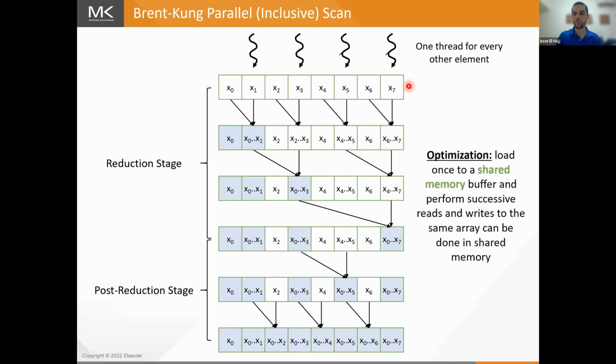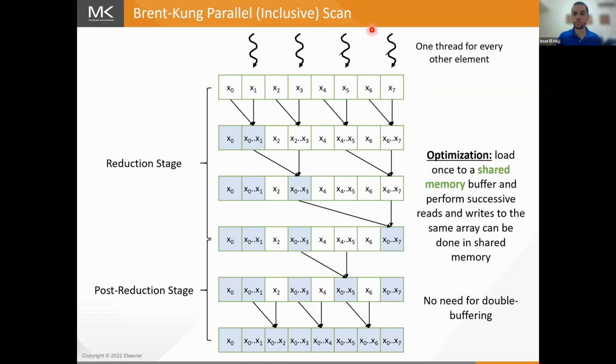We'll do the same thing we did with the Kogge-Stone approach. We're going to put this array in shared memory. So we're going to load the input to shared memory, do all these scan steps inside of shared memory, and then write the final result to global memory. One thing to note here is that we don't need double buffering, because we don't have a situation here where some thread is reading a value and some other thread is writing it.